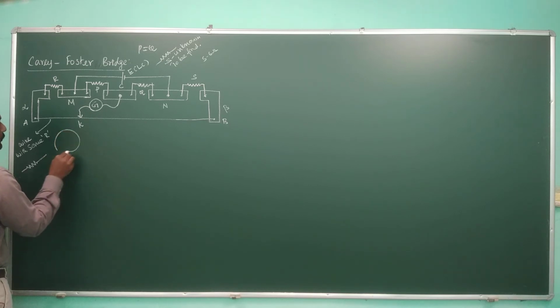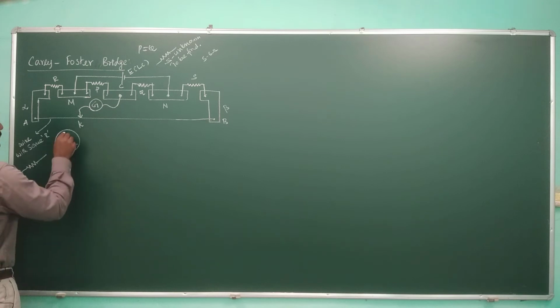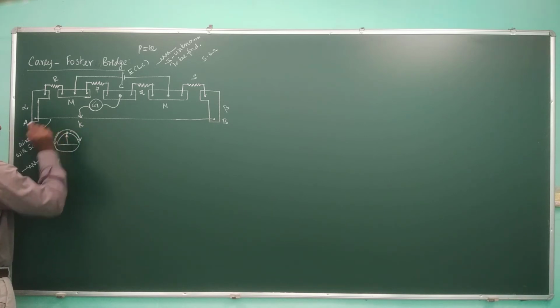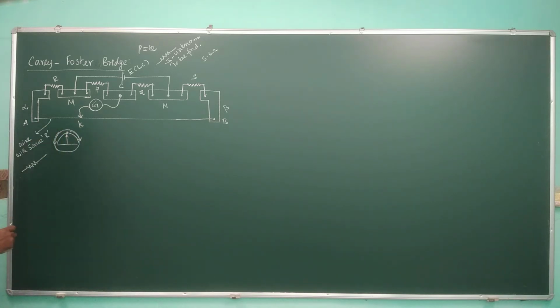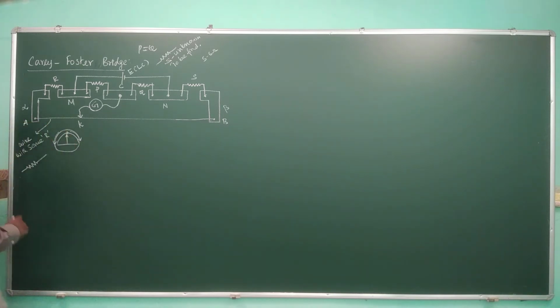If you look into the galvanometer, it will show you current, and at the center it will be 0. There will be a needle, and on this side there will be values, and on this side also, starting from 0 and increasing in this direction. Here also it is increasing in this direction, and it may not be at 0 exactly if you put the marker here.